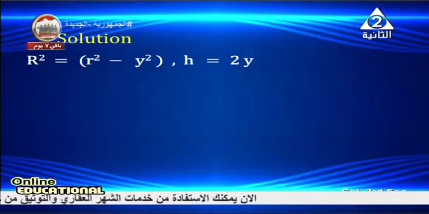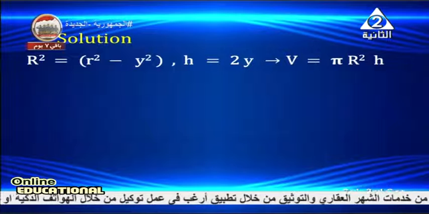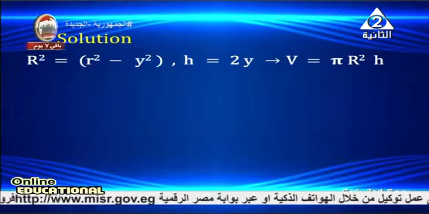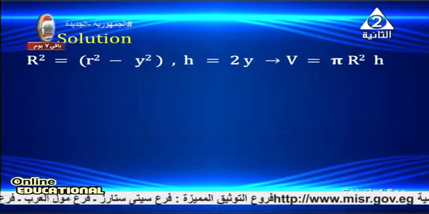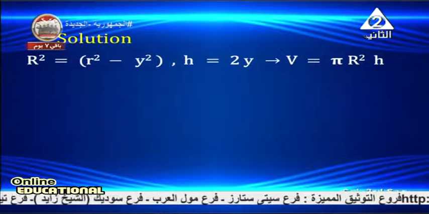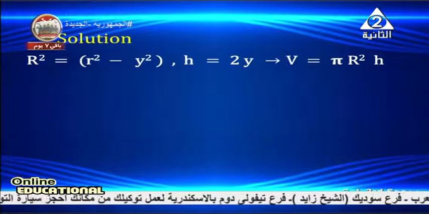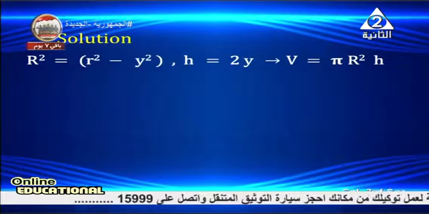Now, what is the volume? The volume of the cylinder is pi R squared times h, the area of the base times the height. The base of the cylinder is a circle, and we know that the area of the circle is pi R squared, multiplied by the height of the cylinder h.